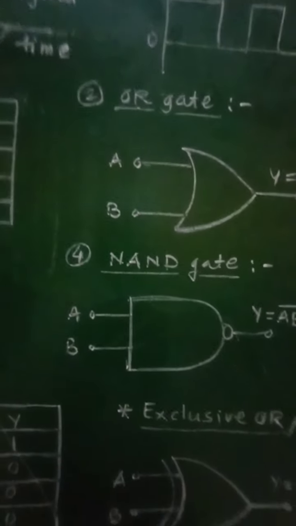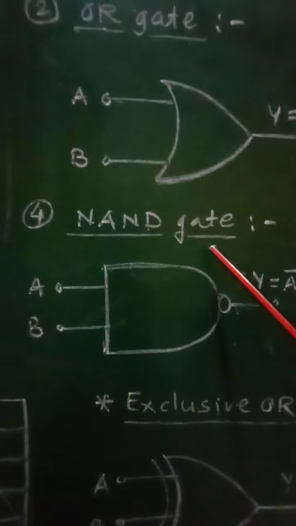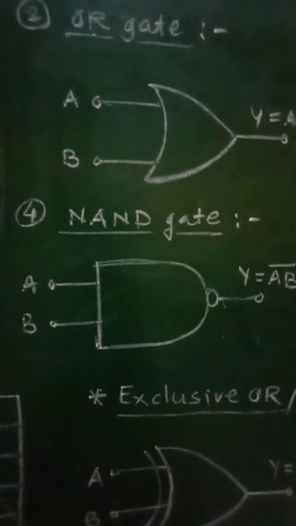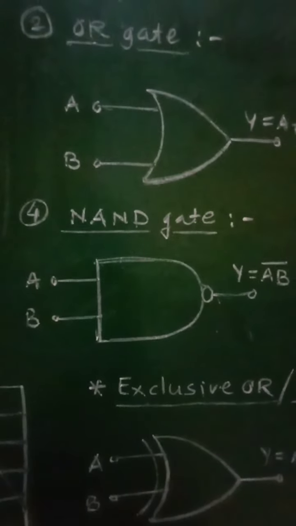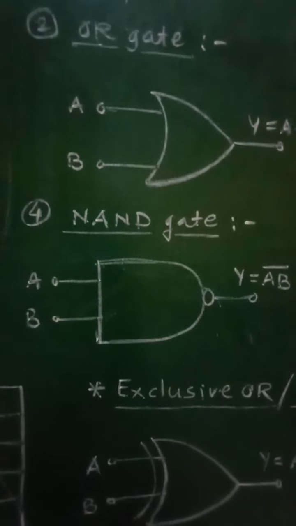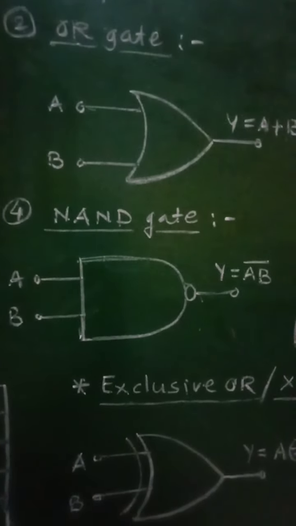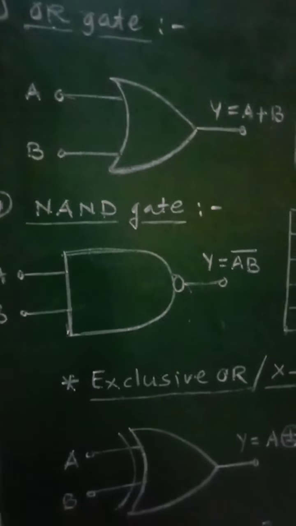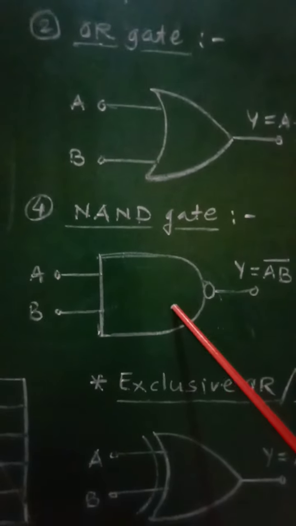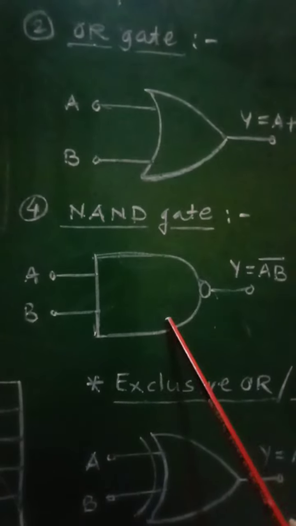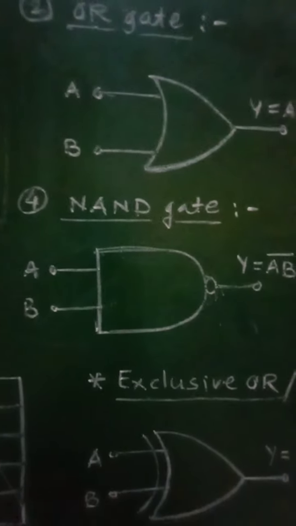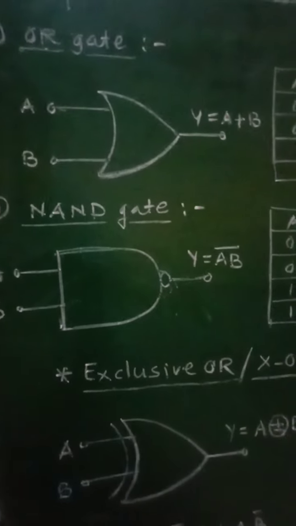Then the fourth gate is NAND gate, that is NOT AND. That means the output of the AND gate will get inverted in case of NAND gate, and therefore symbolically the NAND gate will be shown like this. Here there will be a small bubble shown so that it represents the NAND gate.